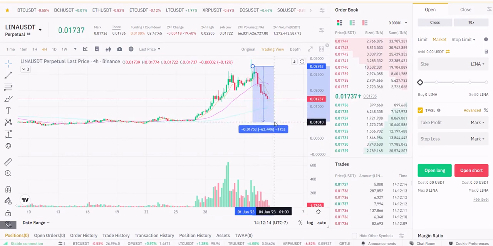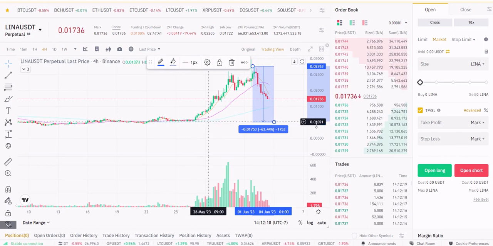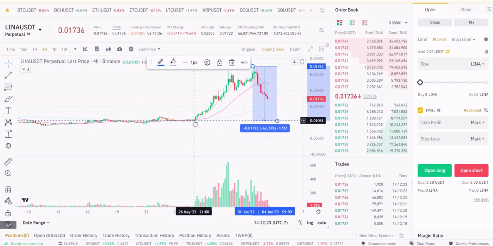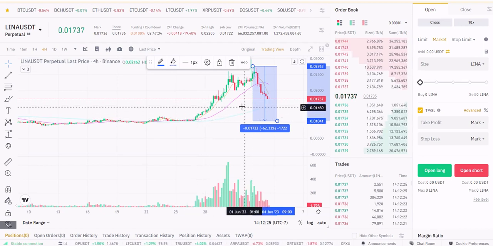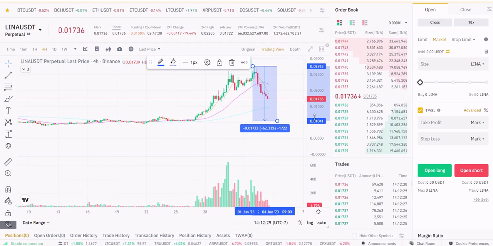Just since May 26th, it has gone up 62%. So it's a very, very volatile trade.